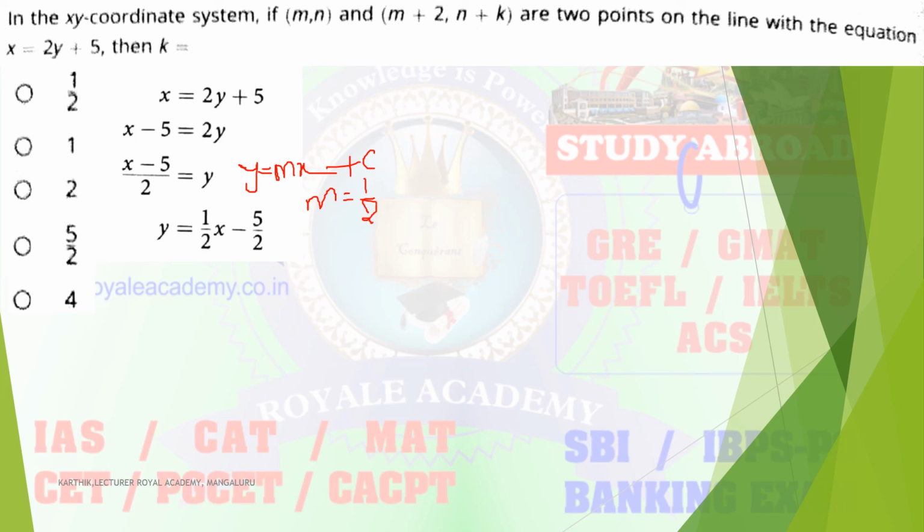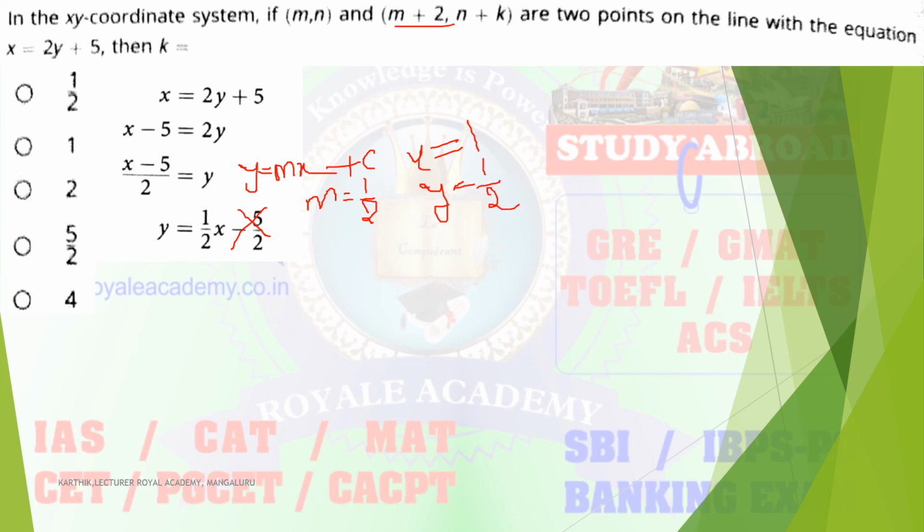Okay, understood? While substituting the value of x as 1, what is the value of y? Just neglect this one, c is a constant. While substituting x value as 1, then y is equal to half.